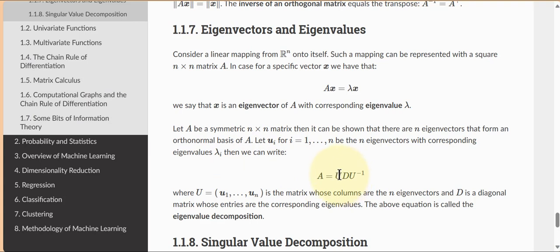Let's call that matrix U. So these eigenvectors are the columns of U.